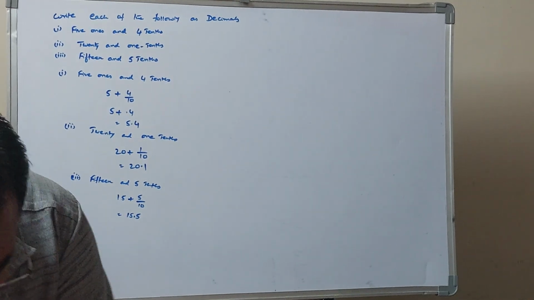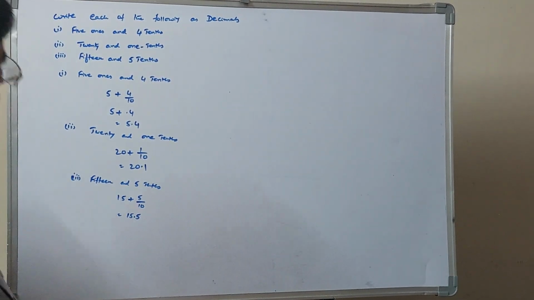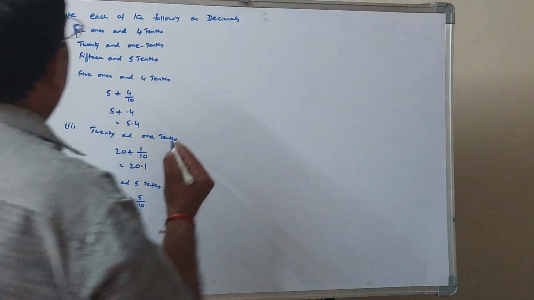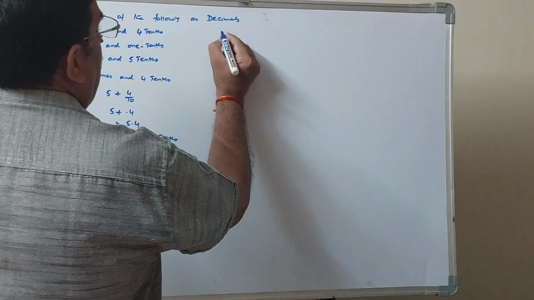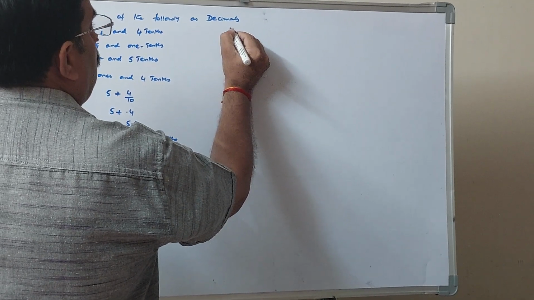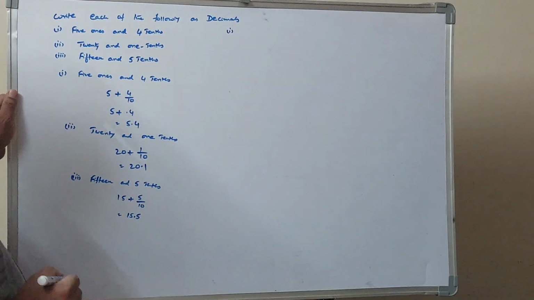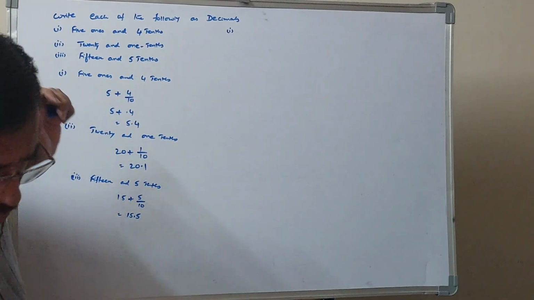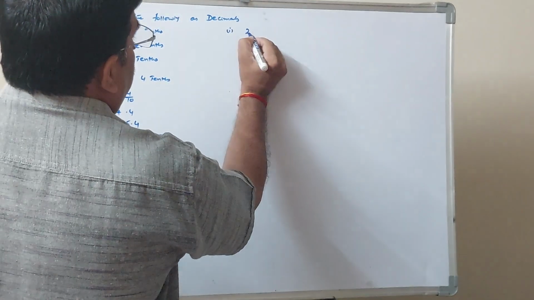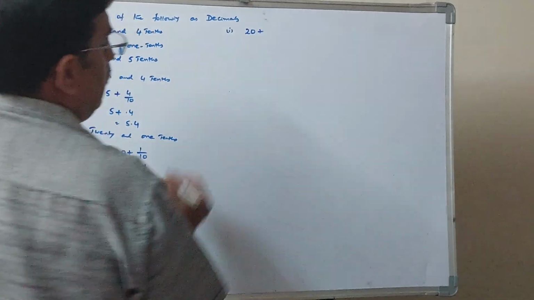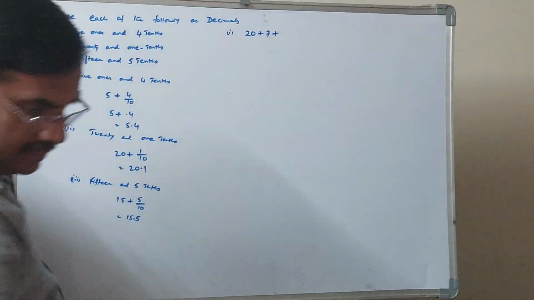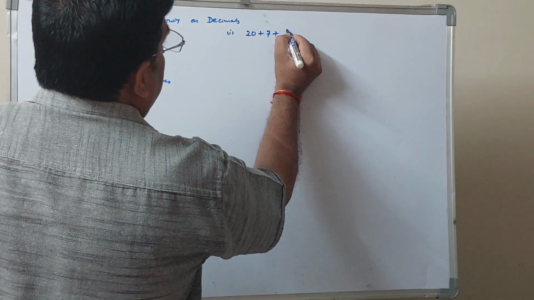See one more question here. Write each of the following as decimals. There is another way they may ask you. First one is 20 plus 7 plus 3/10.